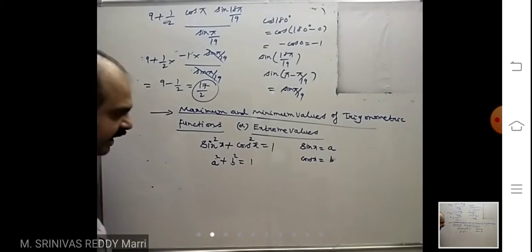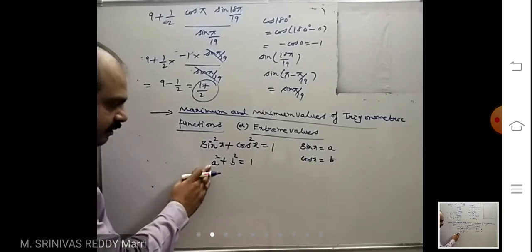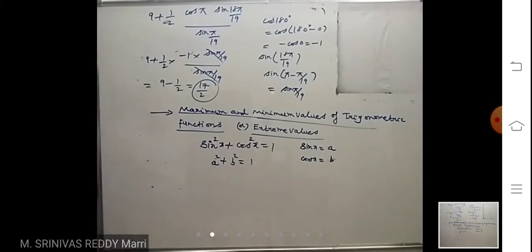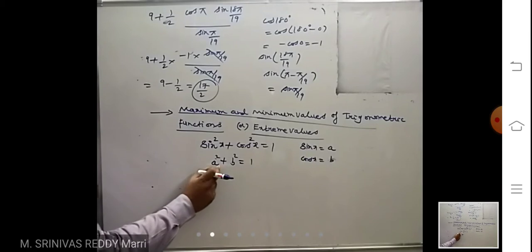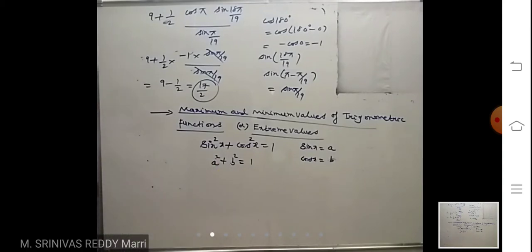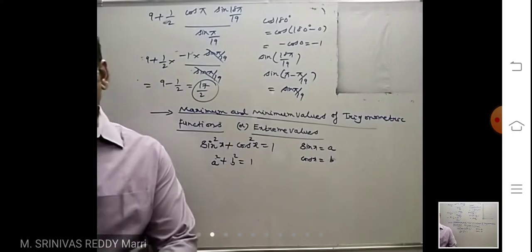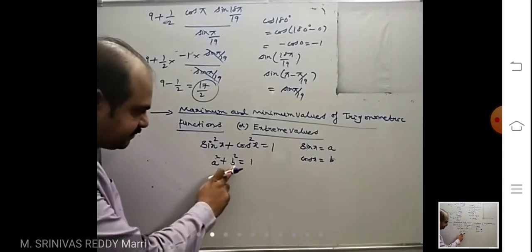Now if I ask you to tell the minimum value and maximum value of a, as this square plus this square equals 1, each quantity here must definitely be less than or equal to 1, because this plus this must be 1.